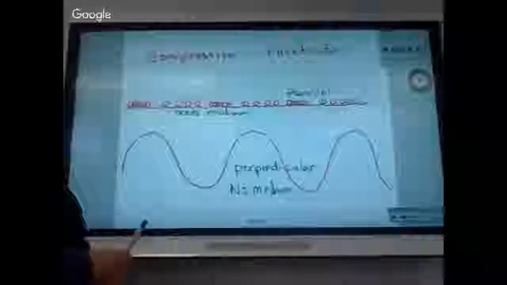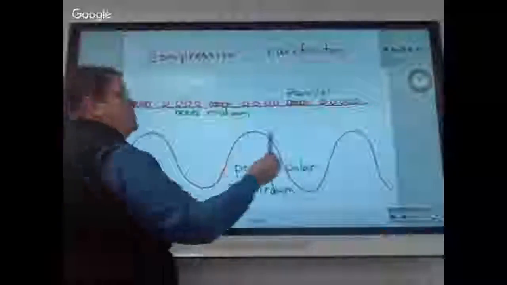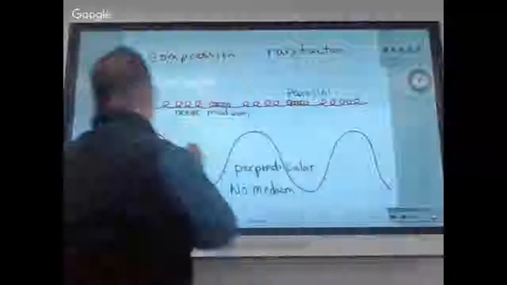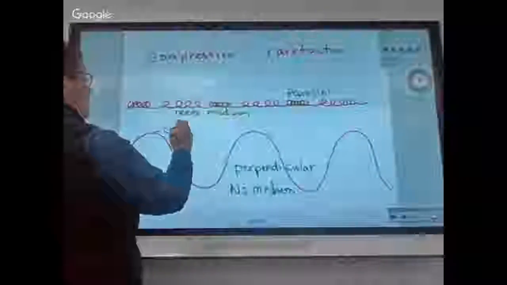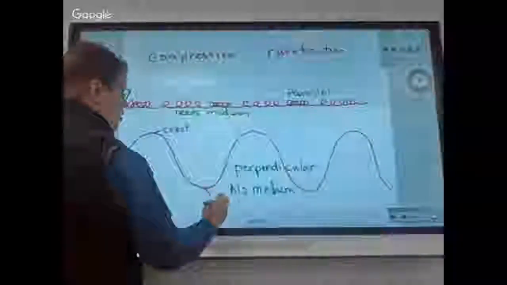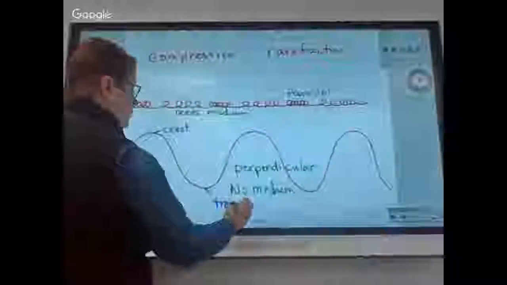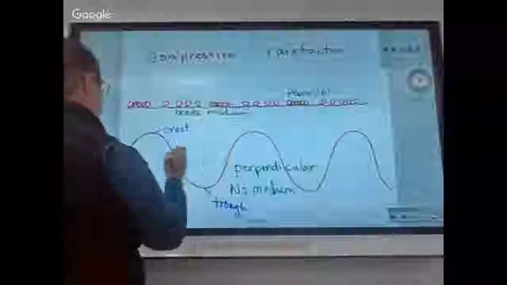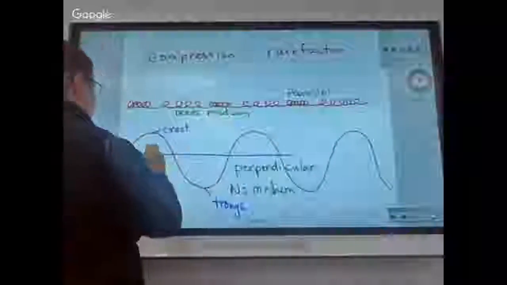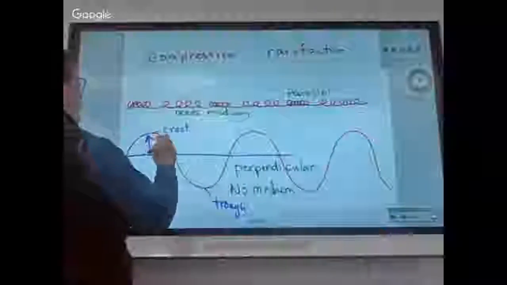All right? This one has a crest, a trough, and an amplitude.